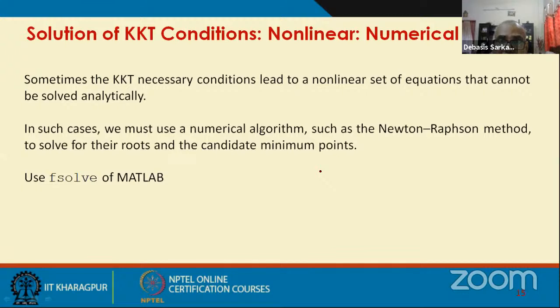When the optimality conditions cannot be solved analytically, those conditions can be solved using any numerical method for solutions of nonlinear equations, such as the Newton-Raphson method or Marquardt methods. There are several other methods as well. You will get to know some of these methods when you discuss nonlinear optimization or nonlinear programming methods.